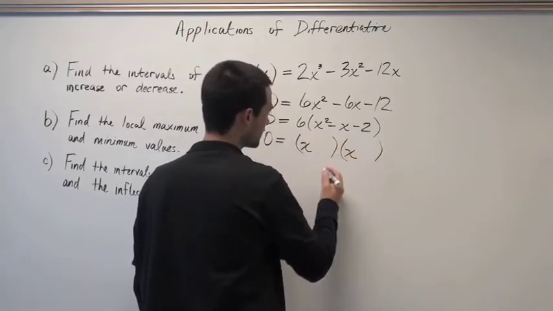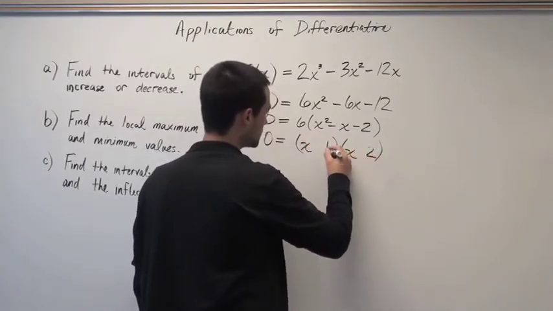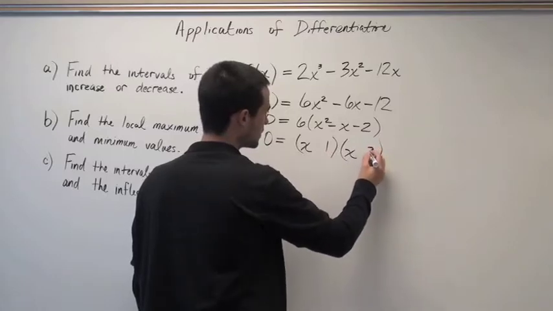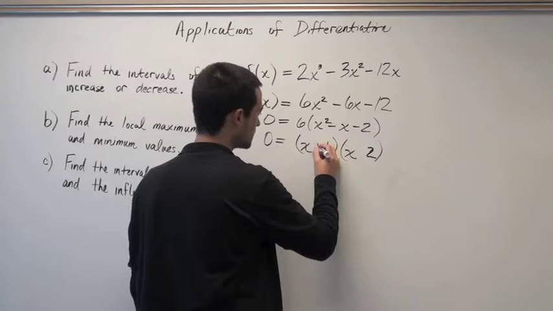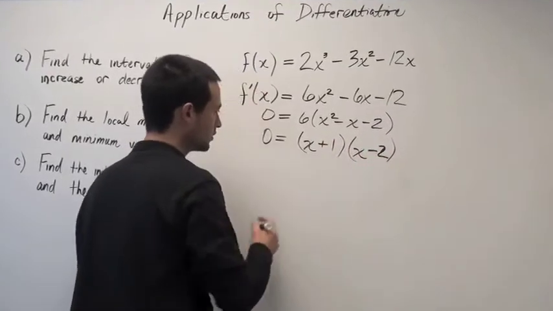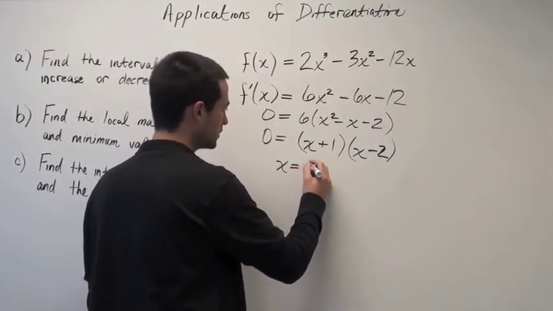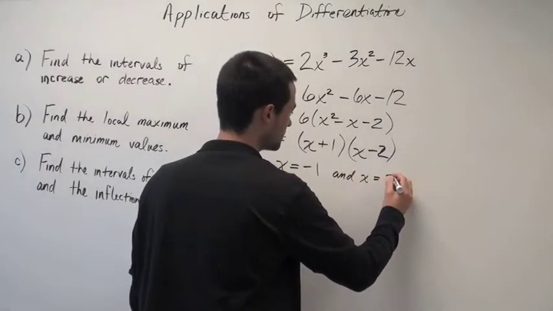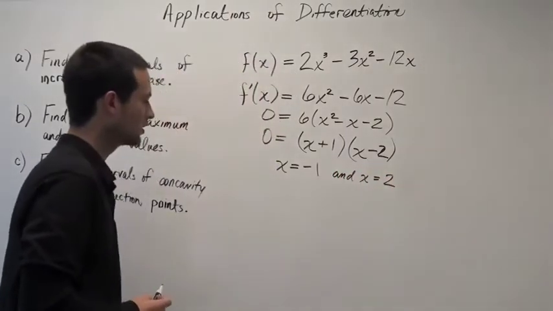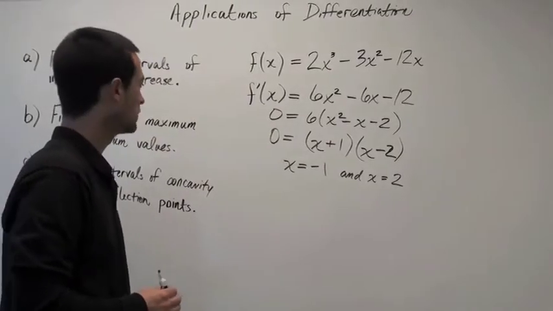Luckily it factors: x plus 1 and x minus 2. So that means that x is equal to -1 and x equals 2. So these are our critical values.